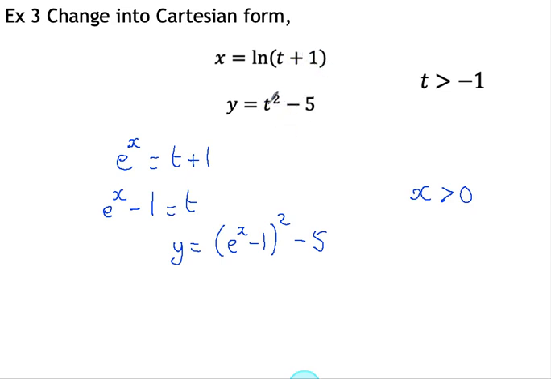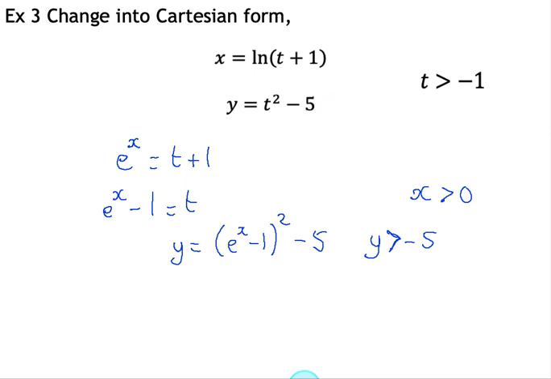And for y, again, if I put in -1 into there, it would give me -4. But if I put 0 in there, it would give me -5. So I have to be a little bit careful here. So I know that y has got to be greater than -5, because then obviously it shoots off to infinity.